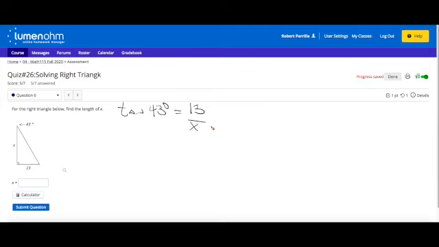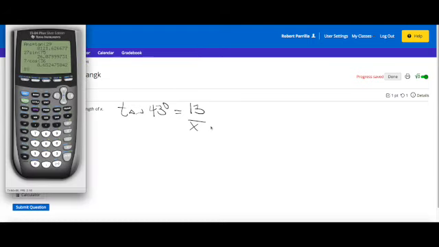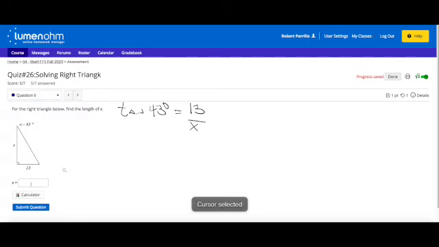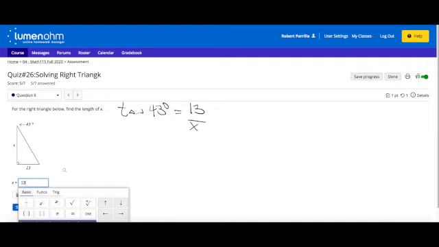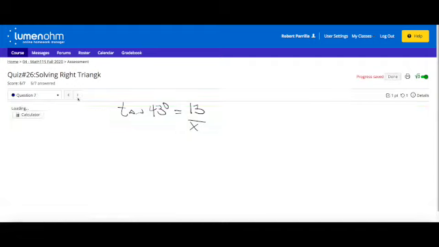Excuse me. Once again, we're going to have to swap places, so I'm going to do 13 divided by the tangent of 43 degrees. That'll give me 13.94. All right, so 13.94 down here. Okay, and now the last question.